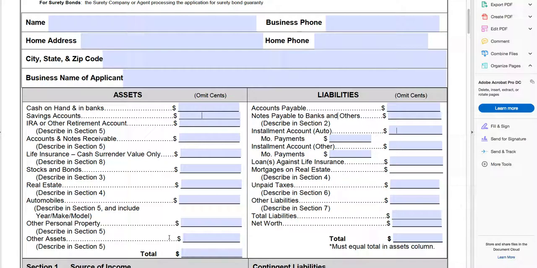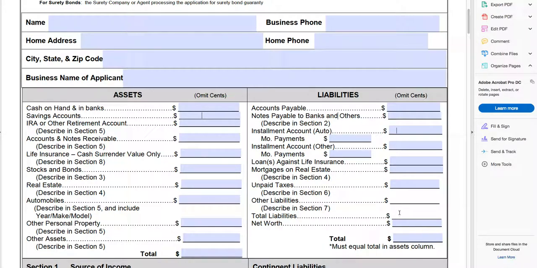It's not the original mortgage amount, it's just the current outstanding debt. The next section is the unpaid taxes, which is any taxes you owe to the IRS. And then the other liabilities, which is a catch-all for any liabilities that have not been added in here. Typically, most people will have this as zero.